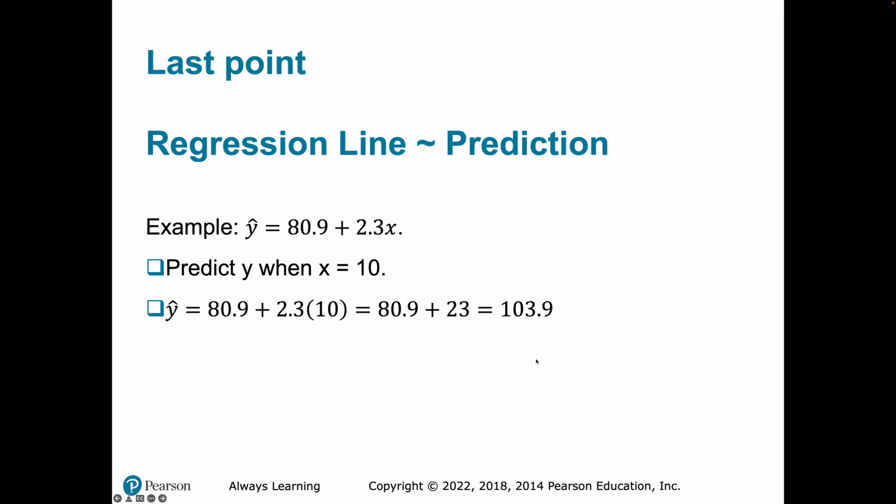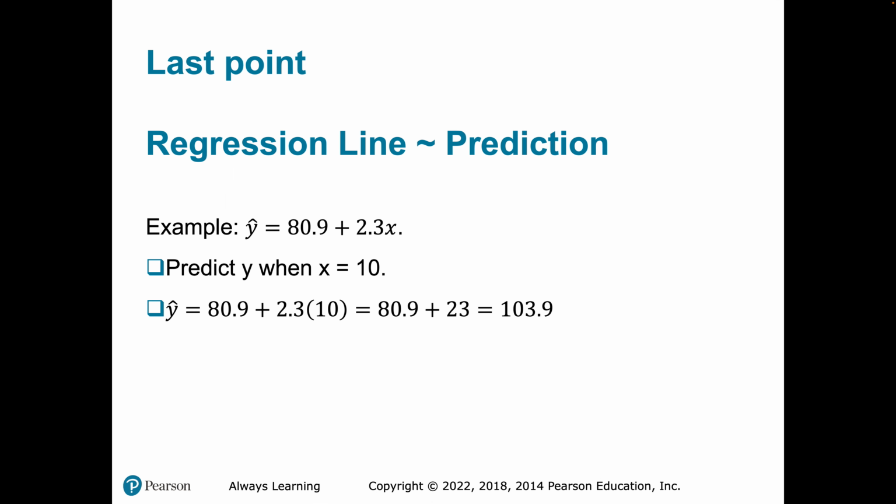My mistake. So the last point that I want to make, again, what is a regression line used for? Twofold. It's used to better explain the relationship between x and y, and it's used for prediction.